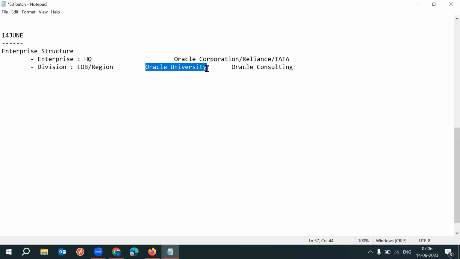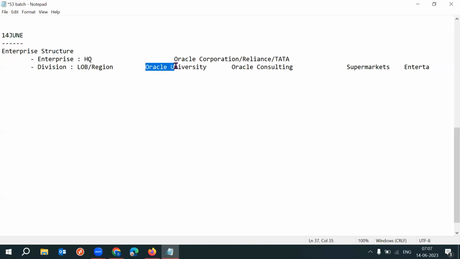Oracle has a university, and also an IT consulting services company. Two lines of business. Take the same example for Reliance: Reliance is into supermarkets, oil and gas, and entertainment also. They're into all kinds of business. So these are line-of-business divisions.